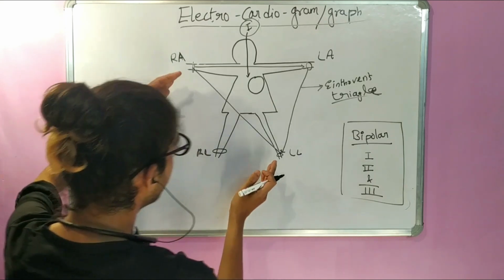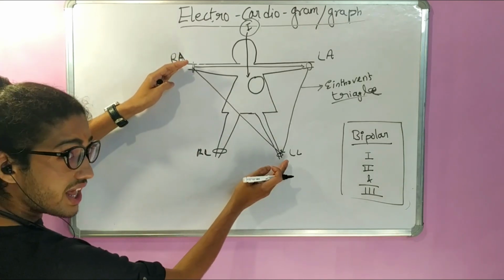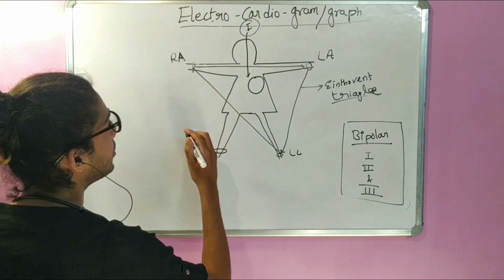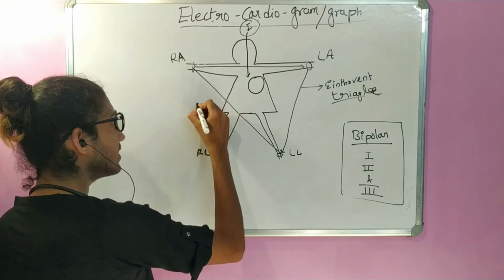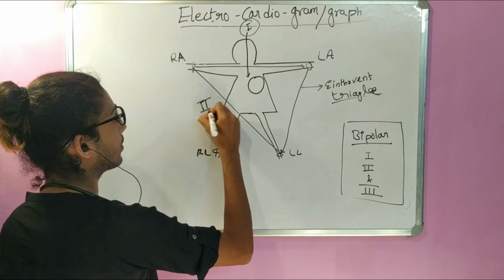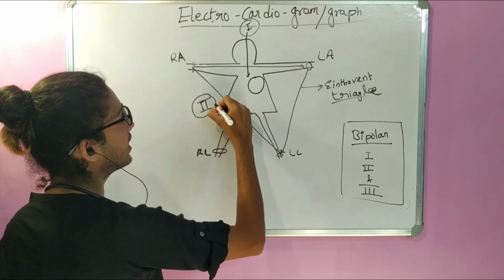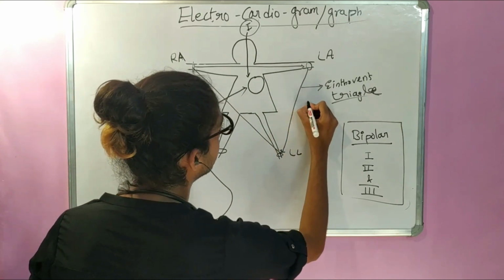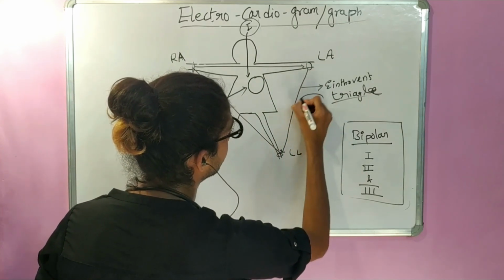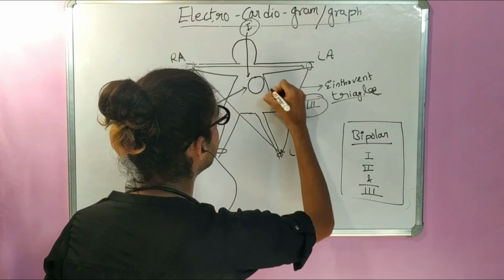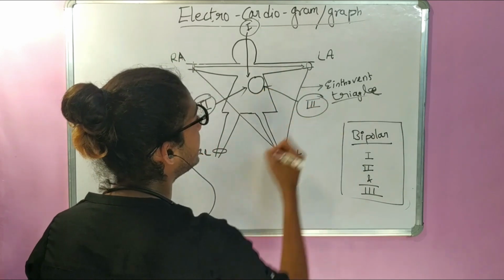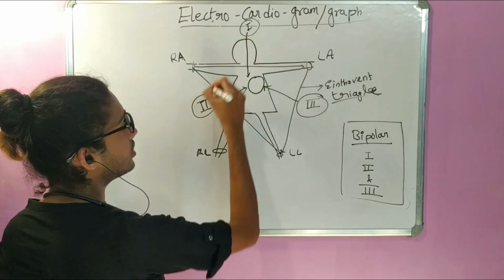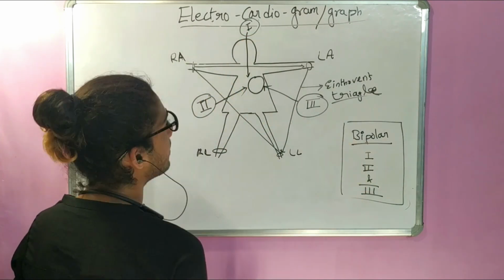Now similarly, right arm and left leg, some of the information is spliced and computed and produces your second lead. So this is lead 2. It gives us the view of the heart from here. And this one, the third lead. These were the basic bipolar leads that were used by Einthoven. So 1, 2 and 3, these are bipolar leads.